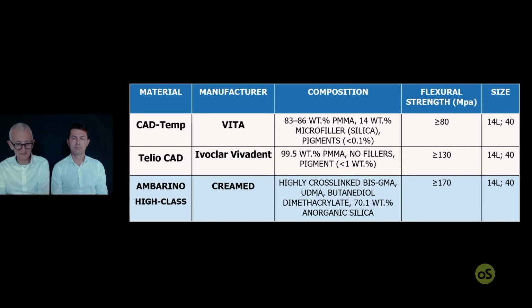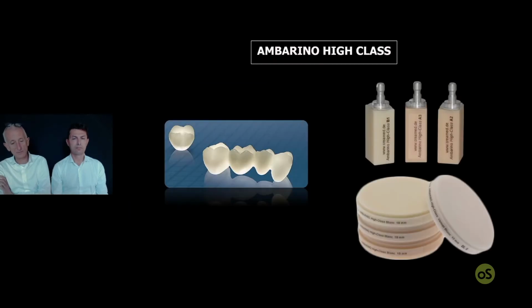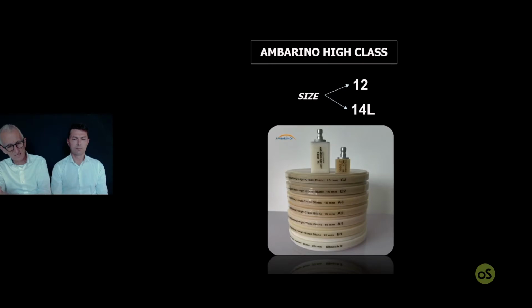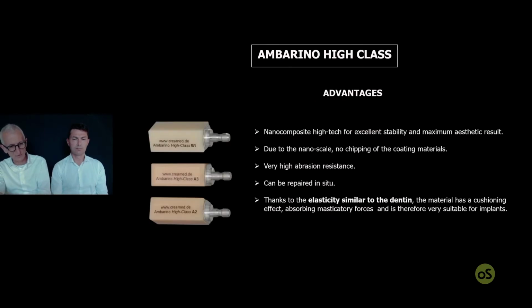In weight, as you can see here, it is 70% silica and 30% PMMA. So it is much more filled compared to the two previous materials, and this is enhancing a lot the properties of this material, that is more resistant to compression, to abrasion, and still maintaining a good elasticity model.